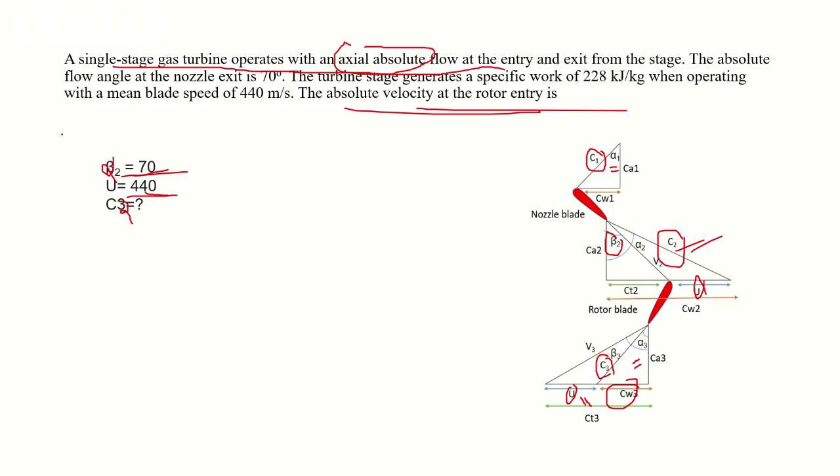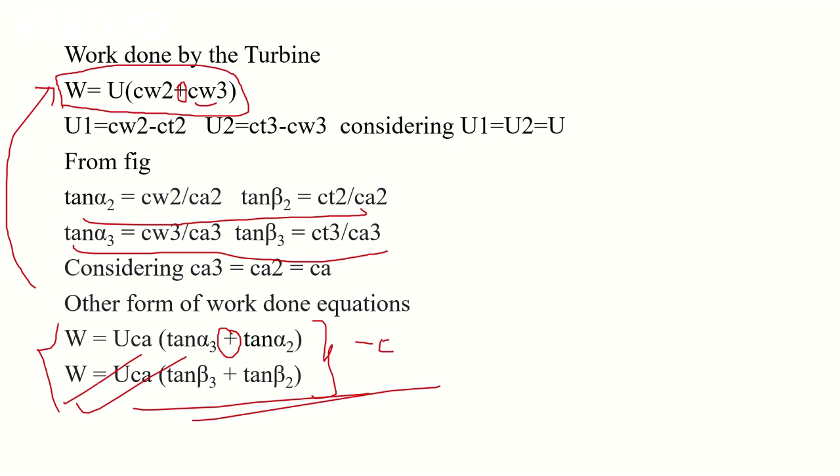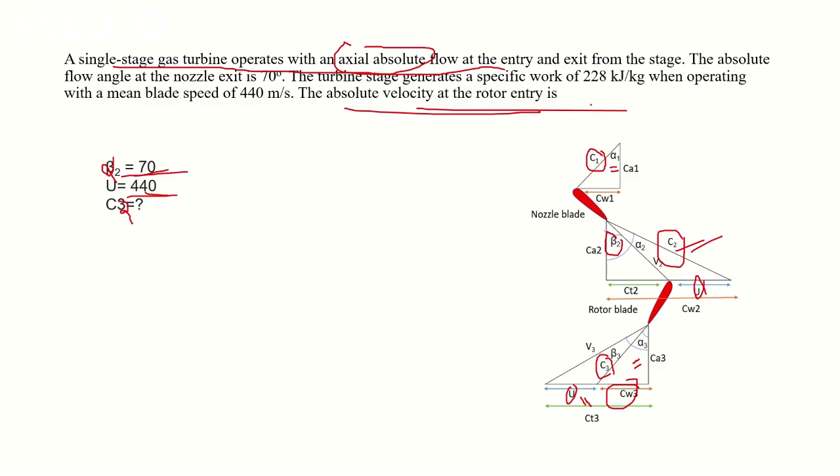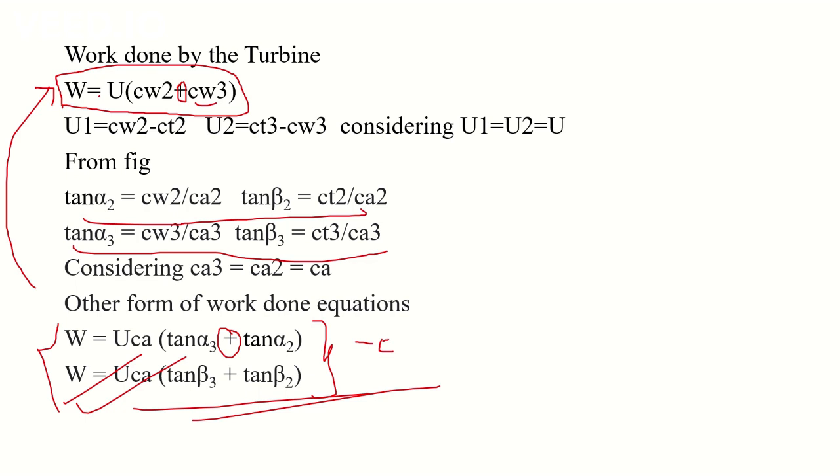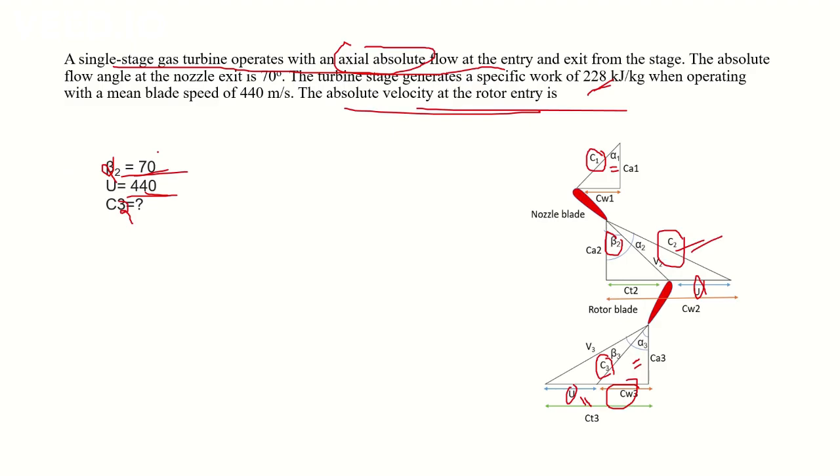This can be done directly by putting values in the work done formula. We know the work done is 228 kilojoules. If we substitute the work done, and we know U and C omega 3 is 0, we will get C omega 2. If we substitute this C omega 2 over here, we will get the answer. Okay, now let's move to the next.